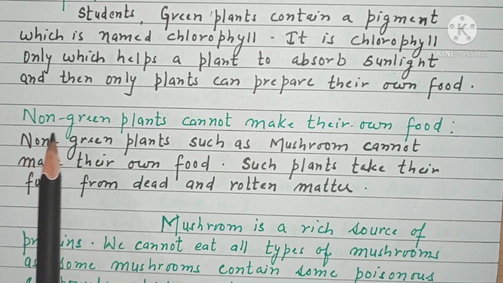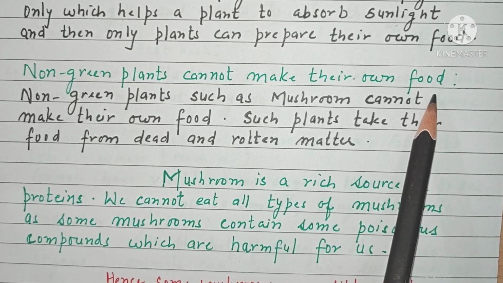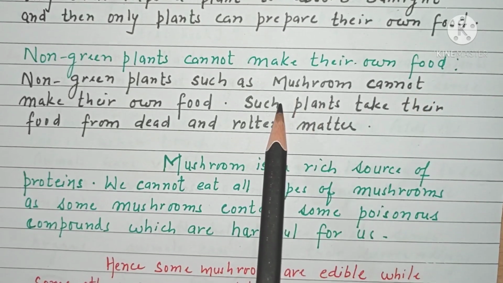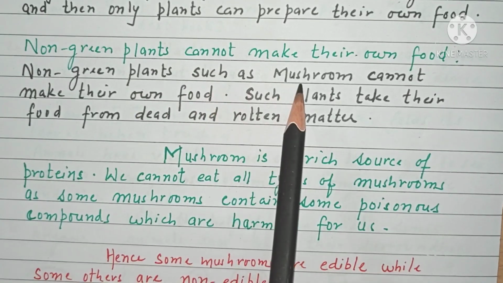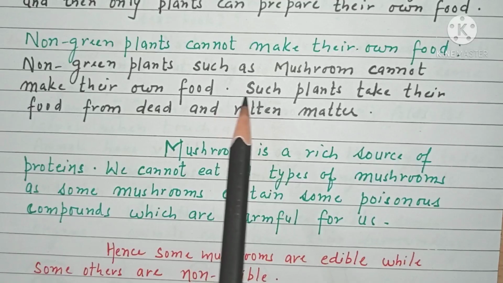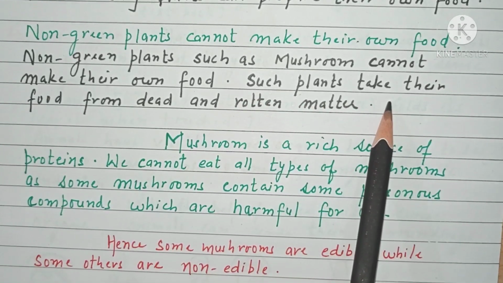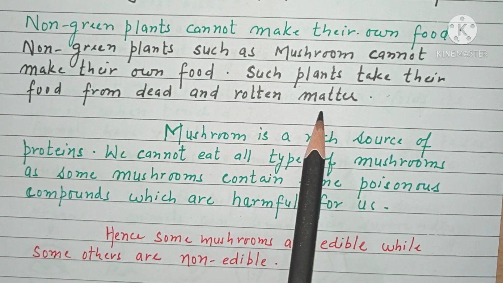Now, non-green plants cannot make their own food. Then, how are they taking their food? Non-green plants such as mushroom cannot make their own food. Such plants take their food from dead and rotten matter.